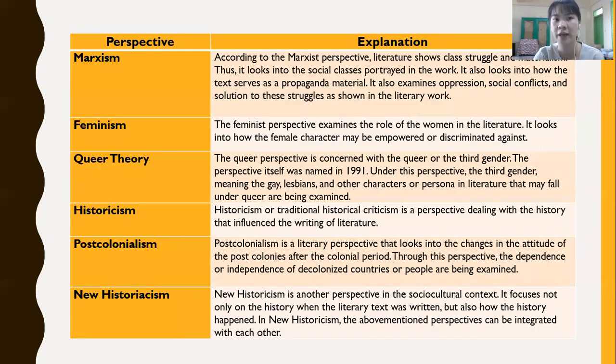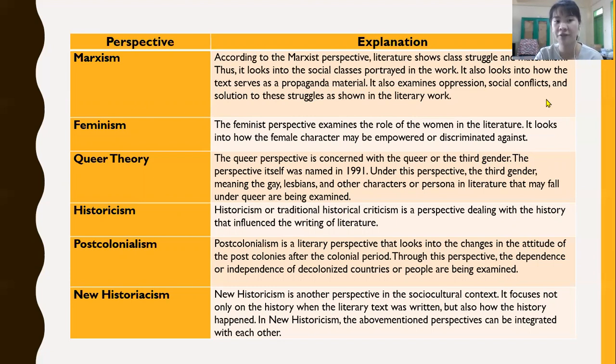So eto po, we have Marxism, literature shows the class struggle. Feminism naman po, from the word feminine, examines the role of the women in the literature. Next is queer theory with the queer or the third gender.